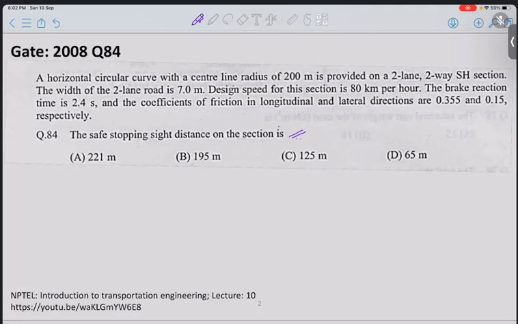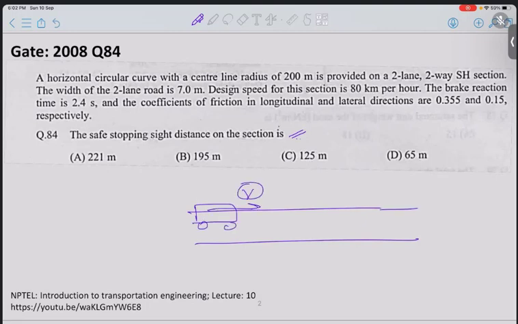When we are going on the road in a car with some velocity, we see some obstacle, some other car has met an accident, or some person is walking. We want to stop our car before we hit them.